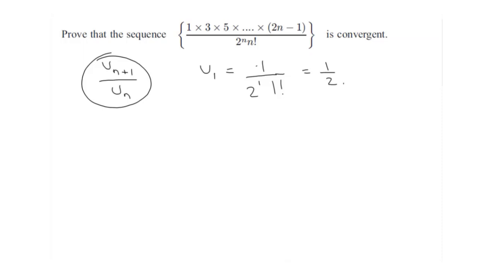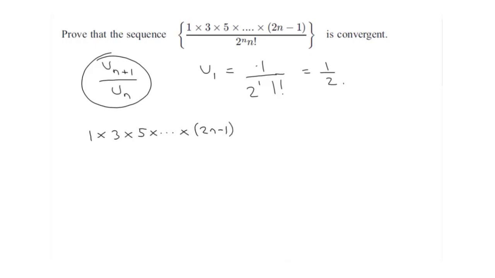But to get an expression for that, we are going to have to do a bit of manipulation. So if we think about un plus 1, that is going to be 1 times 3 times 5 times dot, dot, dot, times 2n minus 1.